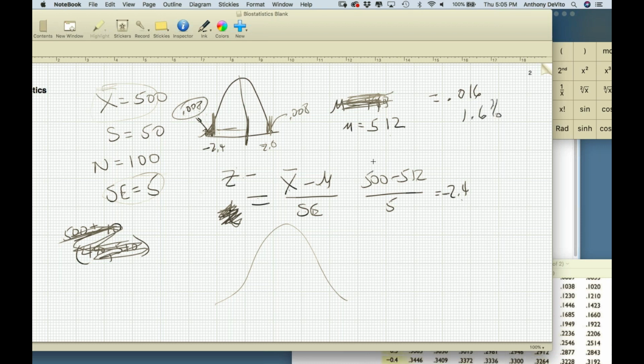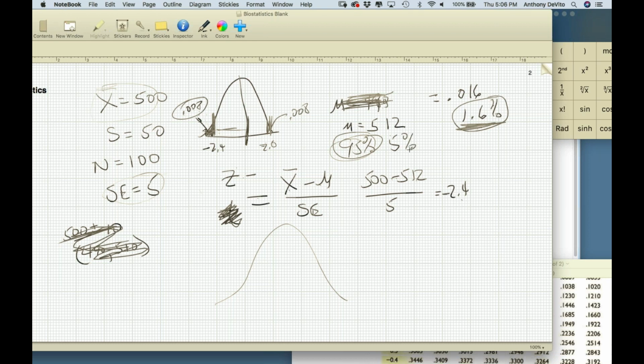So this big a difference would only occur 1.6% of the time if the two means were the same. If I want to be 95% certain that I'm right when I say they're different, what I'm really saying is that I'm willing to accept up to a 5% chance of being wrong.